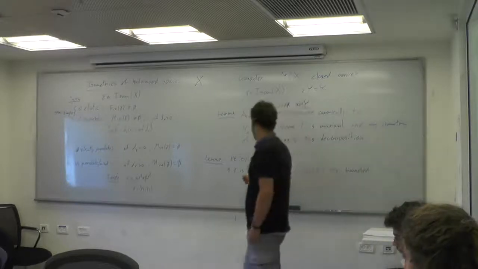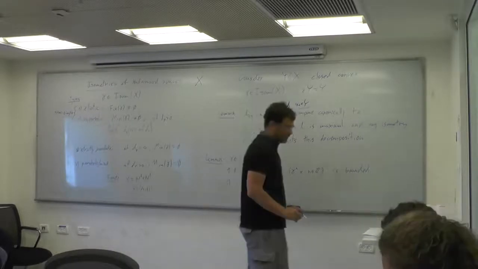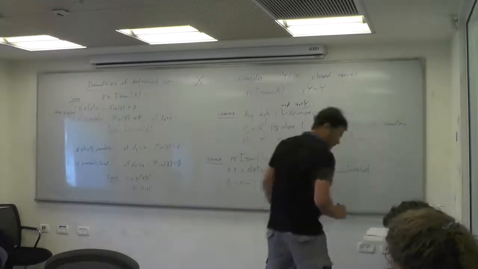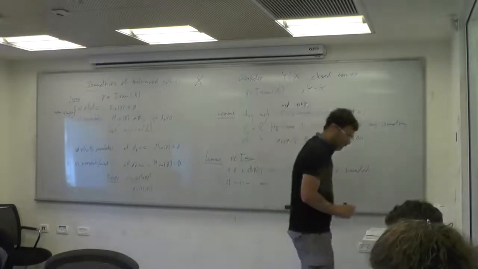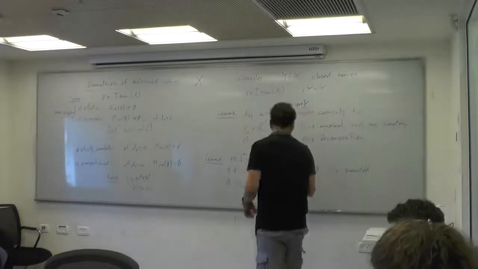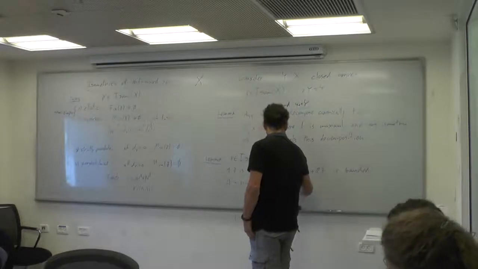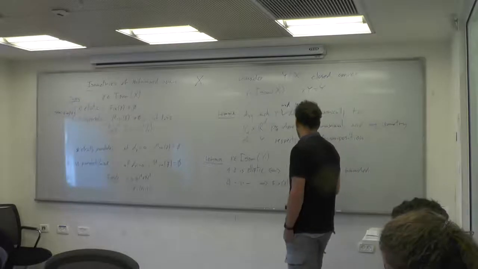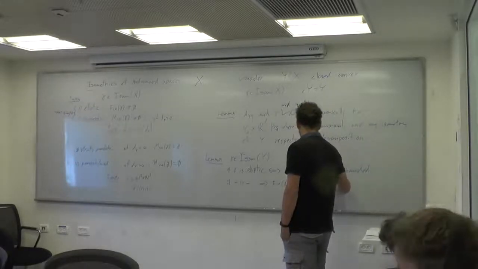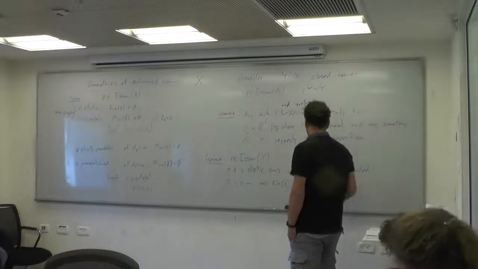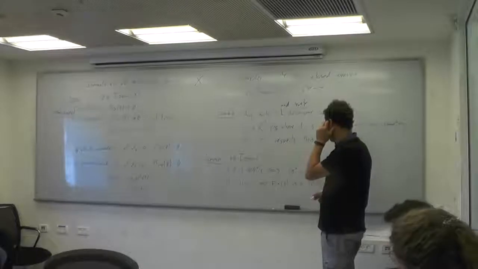So this is one thing. Two, if gamma is elliptic, then the fixed set of gamma is a totally geodesic submanifold.